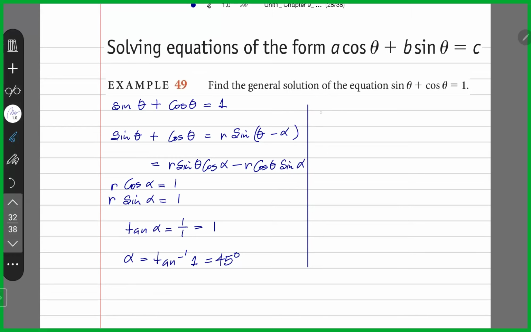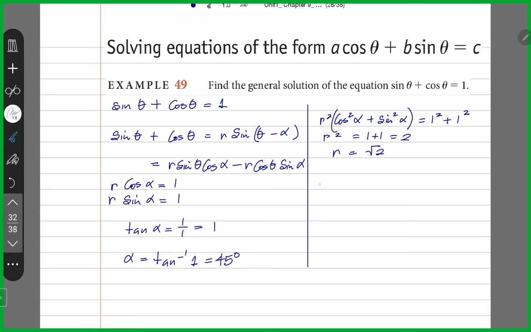I know that r squared (cos squared alpha plus sin squared alpha) would be equal to 1 squared plus 1 squared. So r squared, because cos squared plus sin squared is 1, would be equal to 1 plus 1, which is 2. So r is equal to root 2.